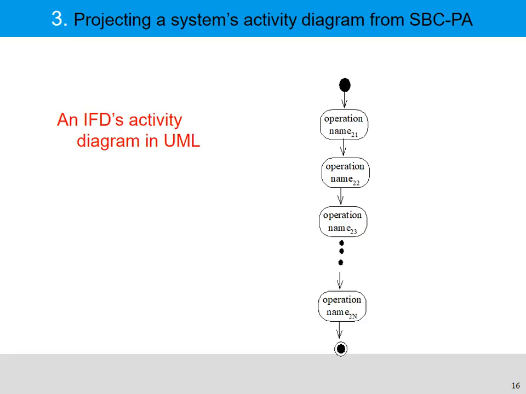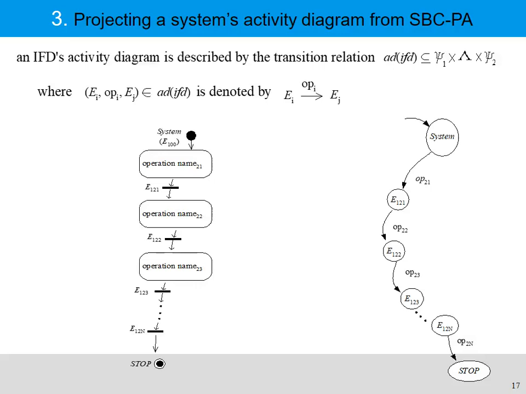In UML, an IFD's activity diagram is represented as shown here. An IFD activity diagram in UML is described by the transition relation AD IFD with 3 attributes.